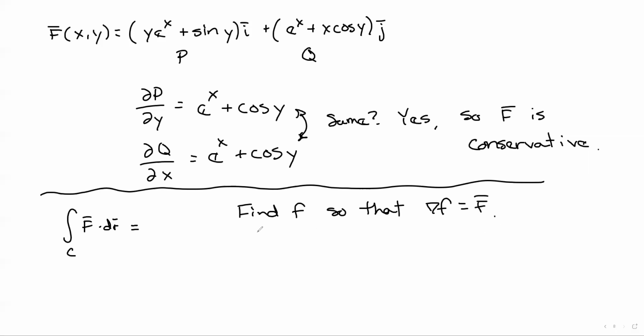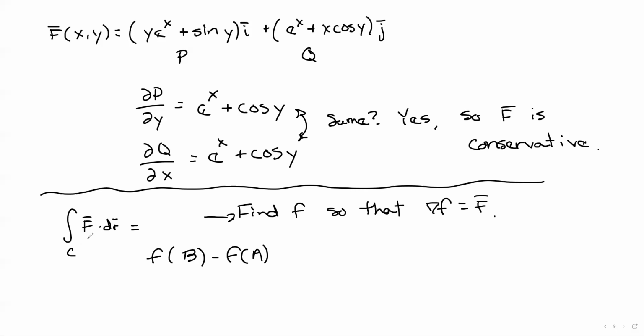If we had that lowercase f, then we could do f of b minus f of a, where a and b are the endpoints of C. We could just pop in b and a if we had that lowercase f. So that's going to be the next step. You start off with your work integral here, and you think, oh, I'd really like to use the fundamental theorem of line integrals. The first thing you ask yourself is, is it possible? Is this conservative?